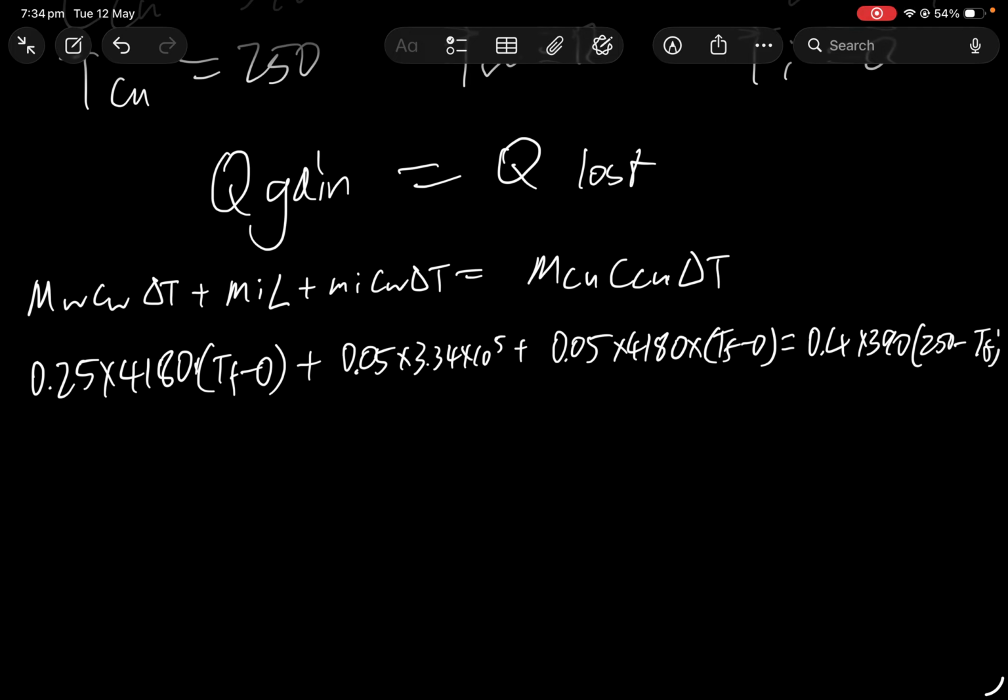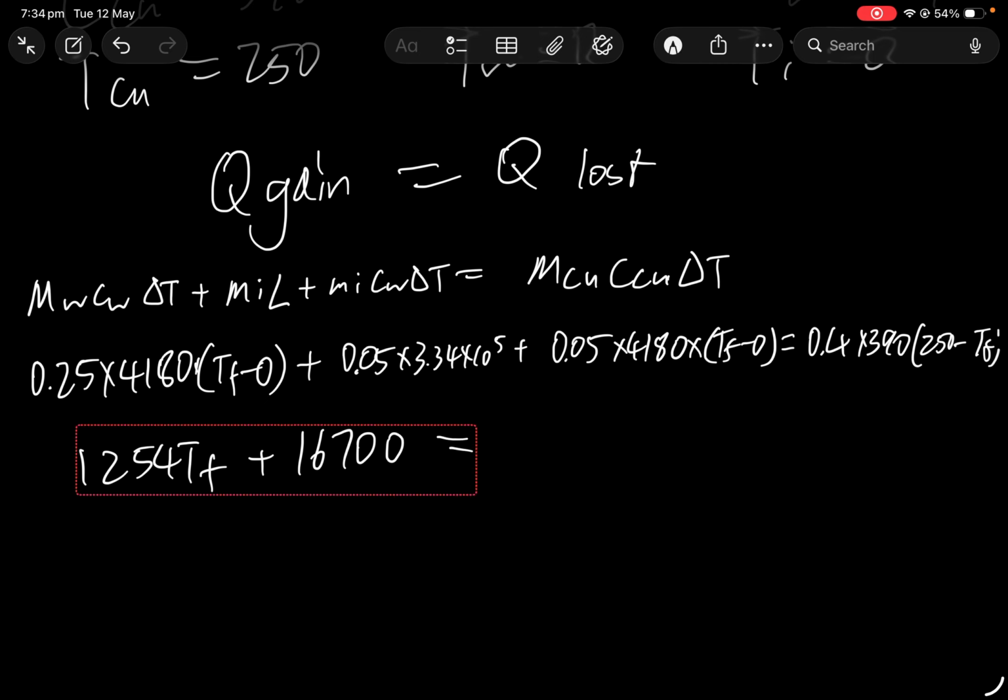So we're just going to do 0.25 times 4180 plus 0.05 times 4180, which gives us 1254 T final, plus the middle one, which is 0.05 times 3.34 times 10 to the power 5, which is 16700.